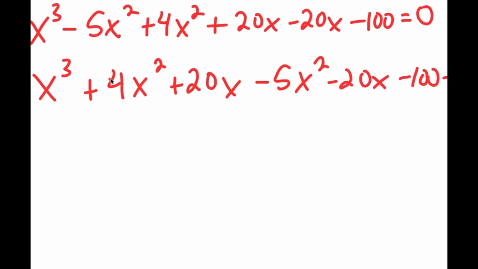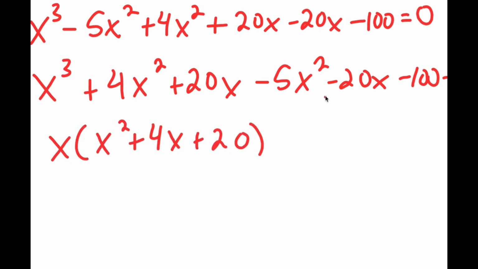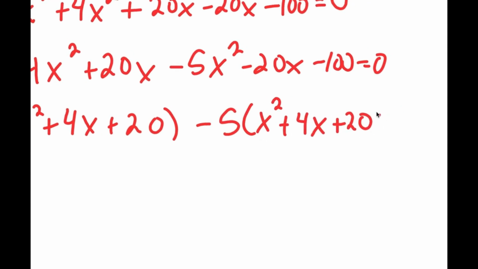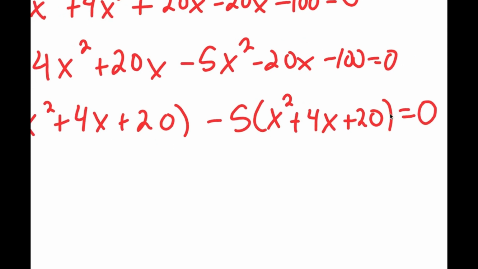From x to the power of 3 plus 4x squared plus 20x, I can factor out x, so I get x times x squared plus 4x plus 20. And now from negative 5x squared minus 20x minus 100, I can factor out negative 5, so I get negative 5 times x squared plus 4x plus 20, which is equal to 0.